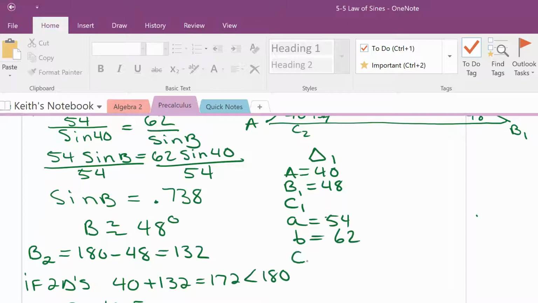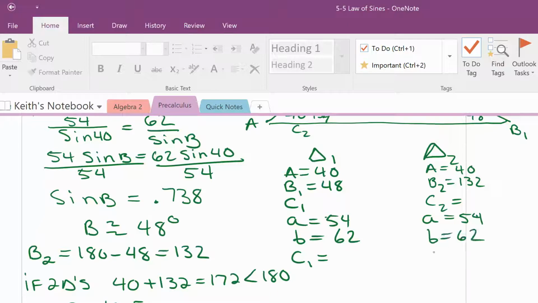And then side C we're going to have to find. Triangle number 2, the smaller one, angle A is 40. This angle B, the obtuse angle, is 132. We're going to find the second C angle. Side A is 54. Side B is 62. And now we have to find side C.